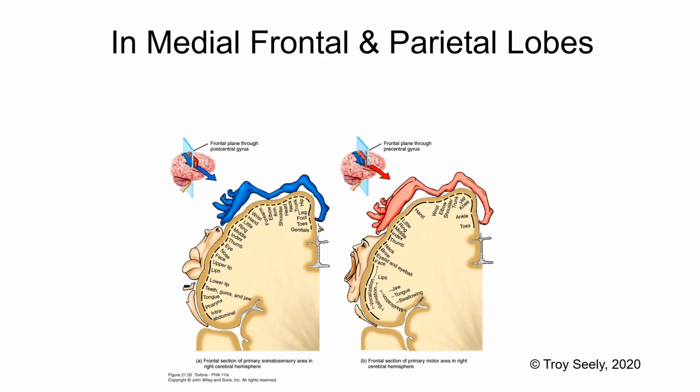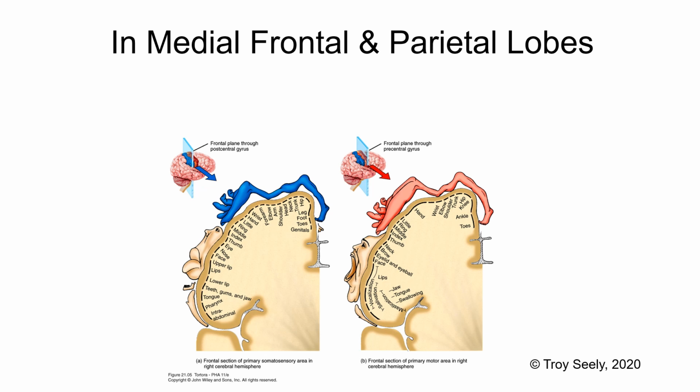So we have the medial frontal and parietal lobes, and there's going to be both a sensation and a motor component. On the left, we have the somatosensory or sensation-based regions of the brain, and on the right, the primary motor areas of the brain.